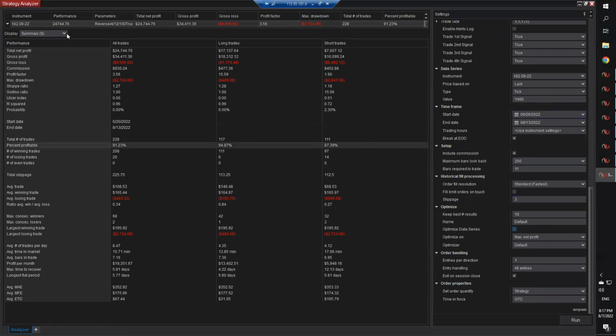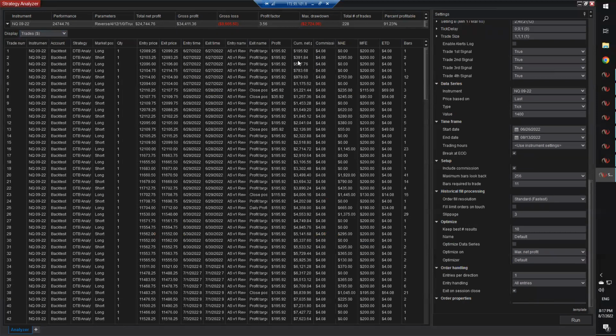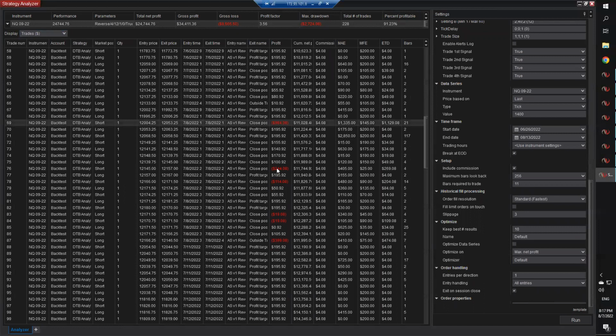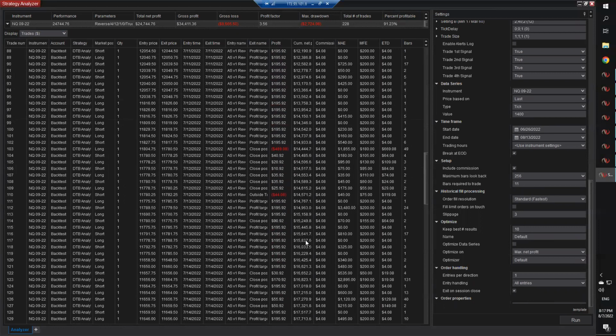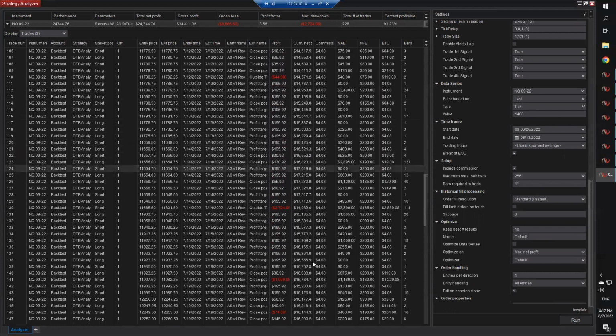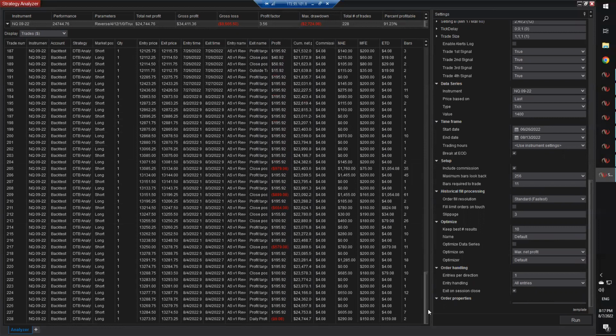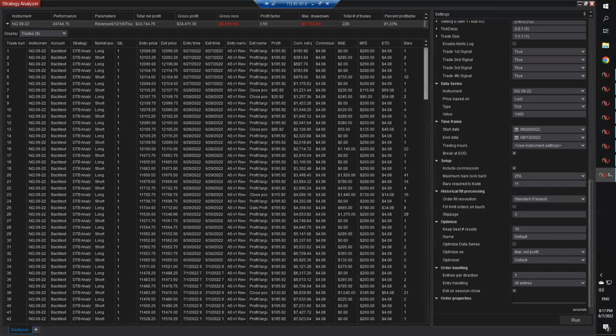If we look at the trade list, you will see those are the optimized results. You do have the losing positions that come up, but very often those targets are hit very successfully. I think that is something to have a look at.